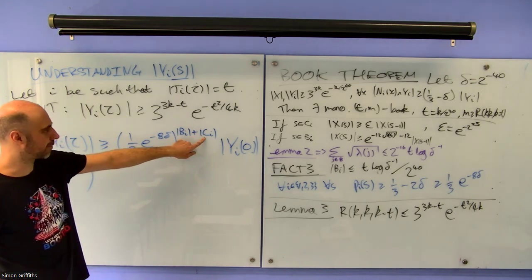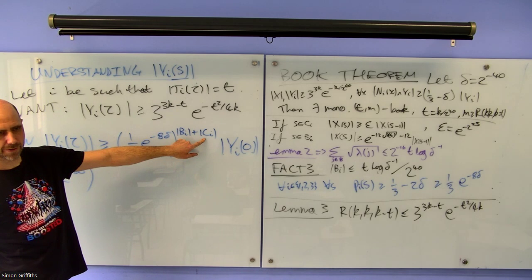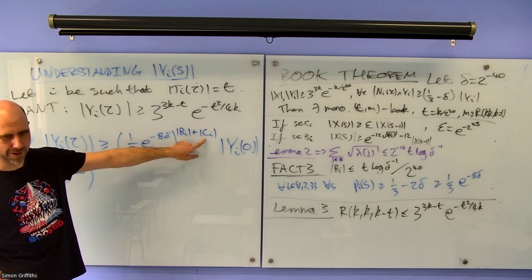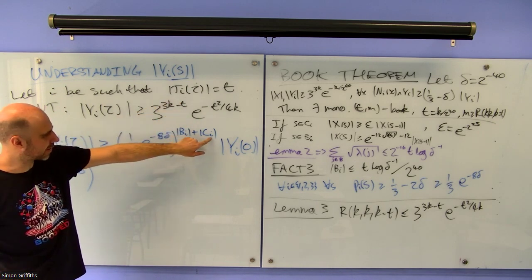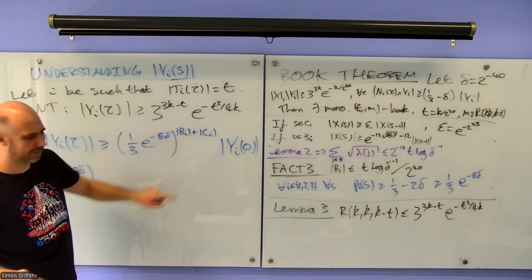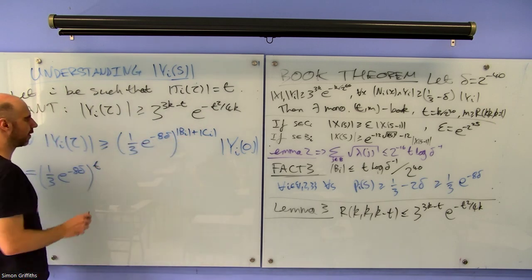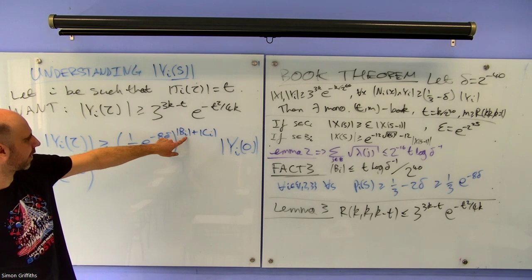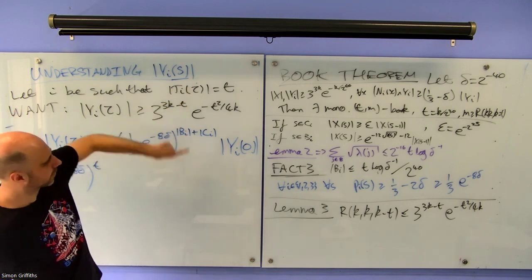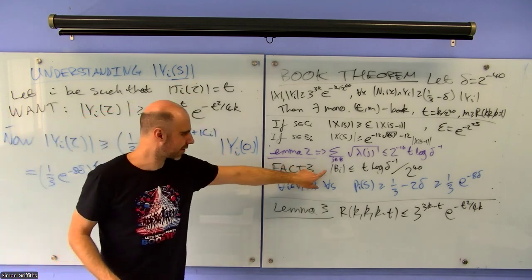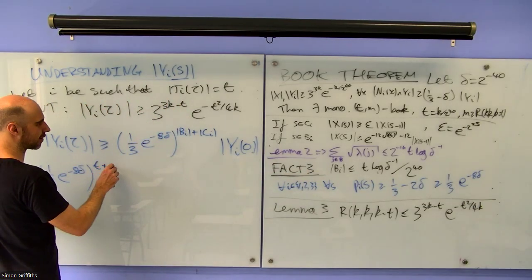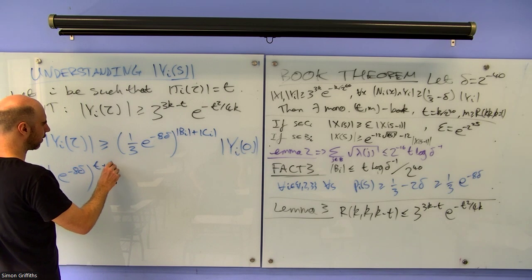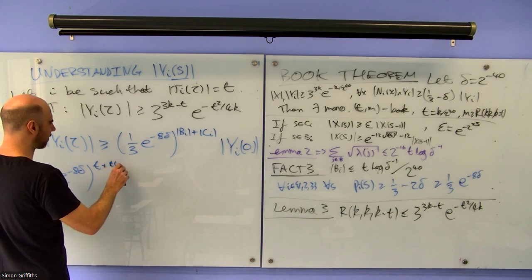How many color steps do we have? Well, in each color step in color I, you put something in the clique, and in total we put t things in the clique. So in fact, we know this is exactly t. And how many boost steps are there in color I? Fact 3 tells us not too many. So now we have plus t log 1 over delta.